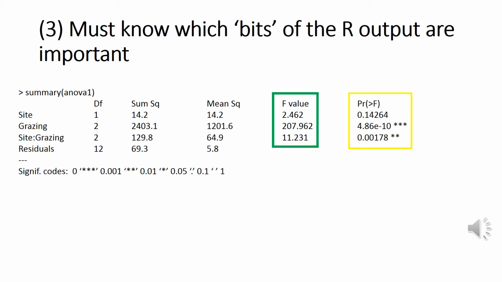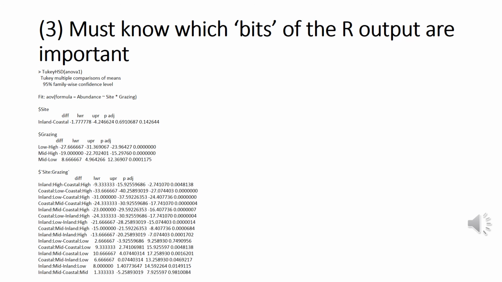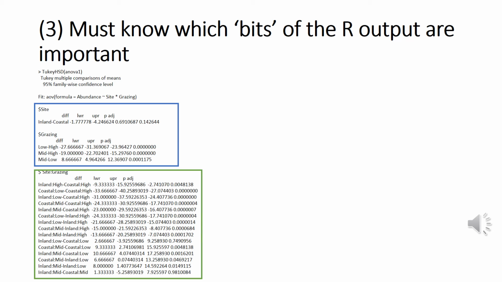As per usual, a p-value of 0.05 or less is what we're looking for. Now, if you do have a significant result in your F statistic for the ANOVA table, you will then need to look at 2 key post hoc tests, which are divided up into main effects and interactions. Again, have it straight in your head where you need to look when questions referring to these different components are asked.